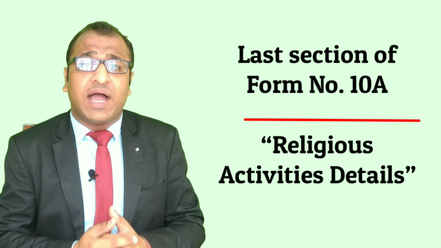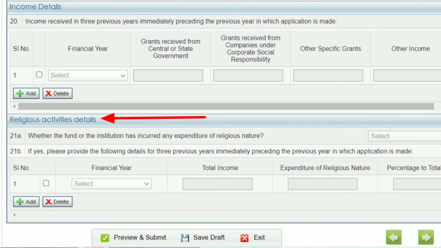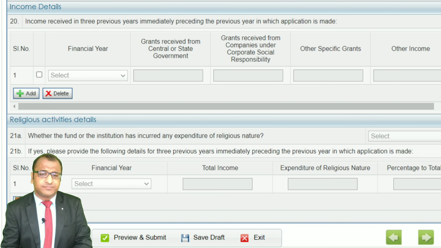If you remember, I told you in my earlier video, I will come later to this point. Now, this is very interesting. First, we need to understand why at all these details are asked in the form.